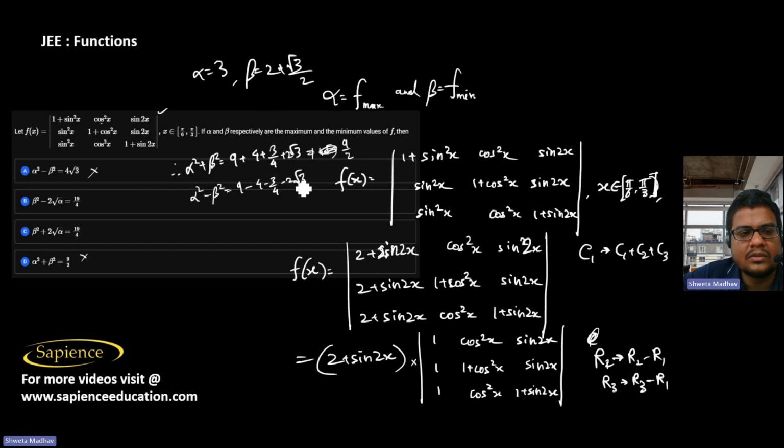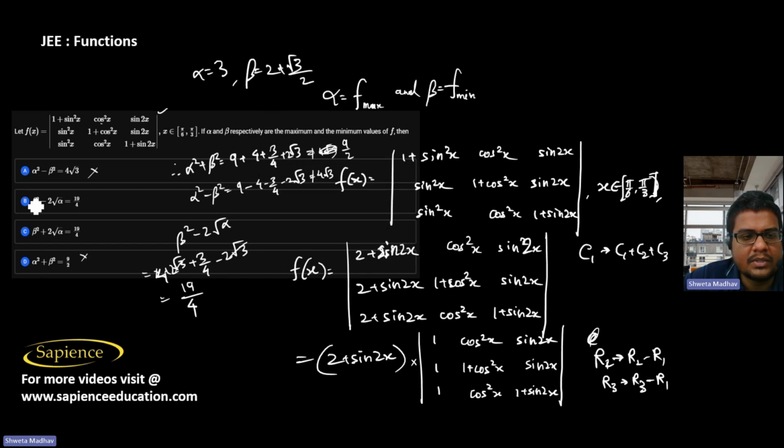So that is also not equal to 4 root 3. And then beta square minus 2 root alpha will be equal to 2 plus root 3 by 2 whole square, so 4 plus 2 root 3 plus 3 by 4 minus 2 root 3. So 2 root 3 will cancel. So 4 4 is 16, 16 plus 3, 19 by 4.